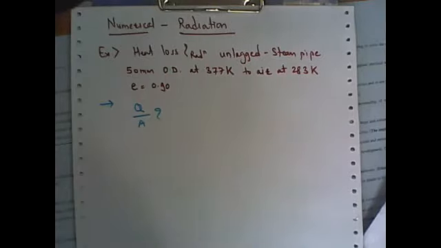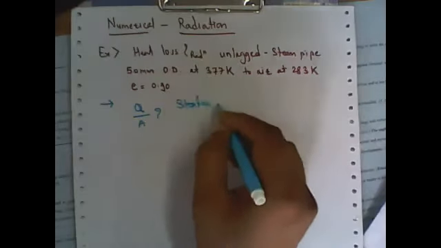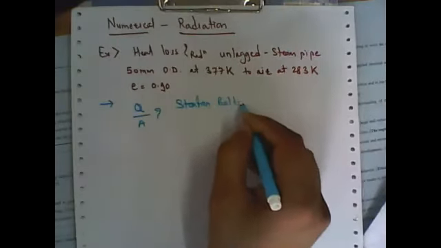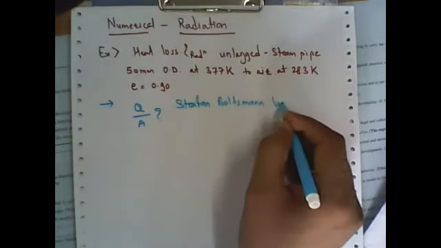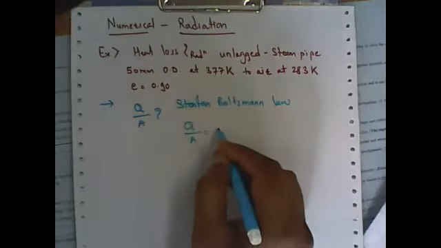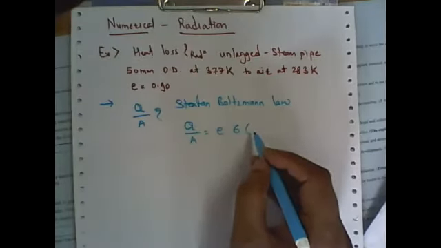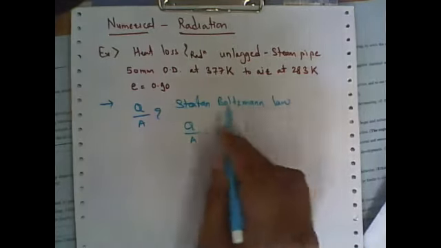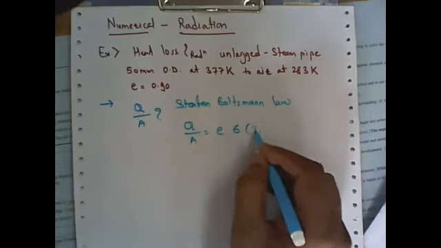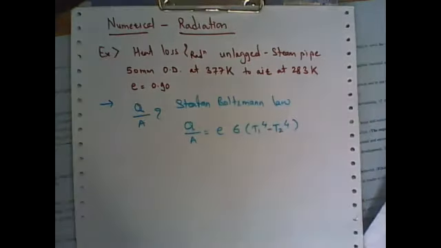So we can write the formula with reference to the Stefan Boltzmann law. Now for this case, Q by A is E into sigma. Normally in the Stefan Boltzmann law we have written T raised to 4, but now there are two temperatures, so we have to write T1 raised to 4 minus T2 raised to 4, right?